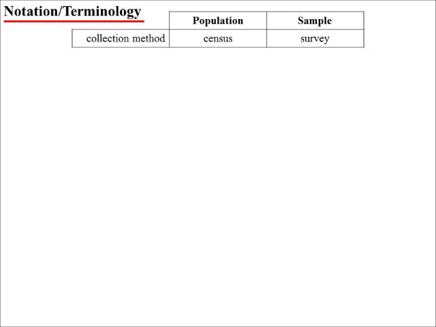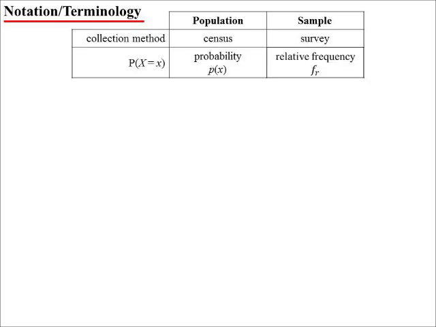So then when we talk about probability of X equals x, as we saw, we talked about p(x). Well, really that notation is when you are talking about a population. When we're doing a sample, we call it relative frequency, and the symbol is f with a little r down the bottom to say relative frequency.